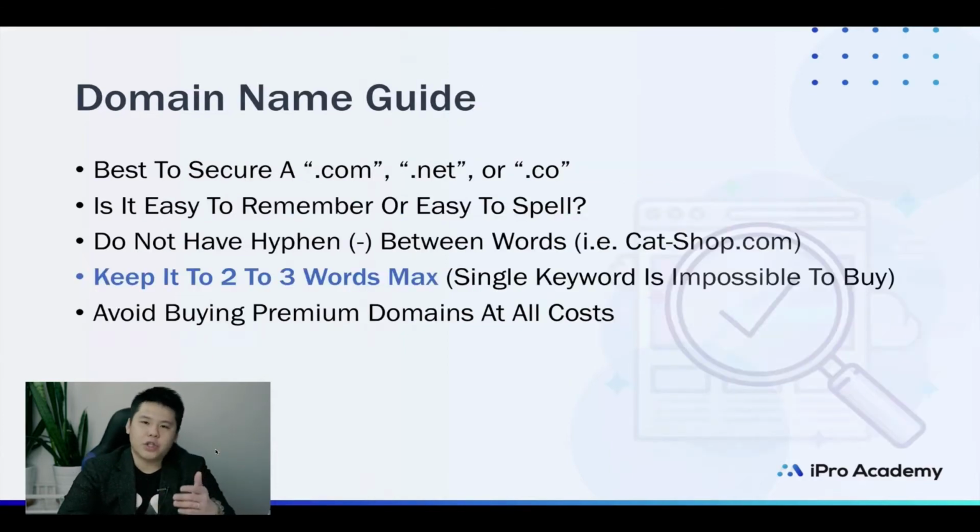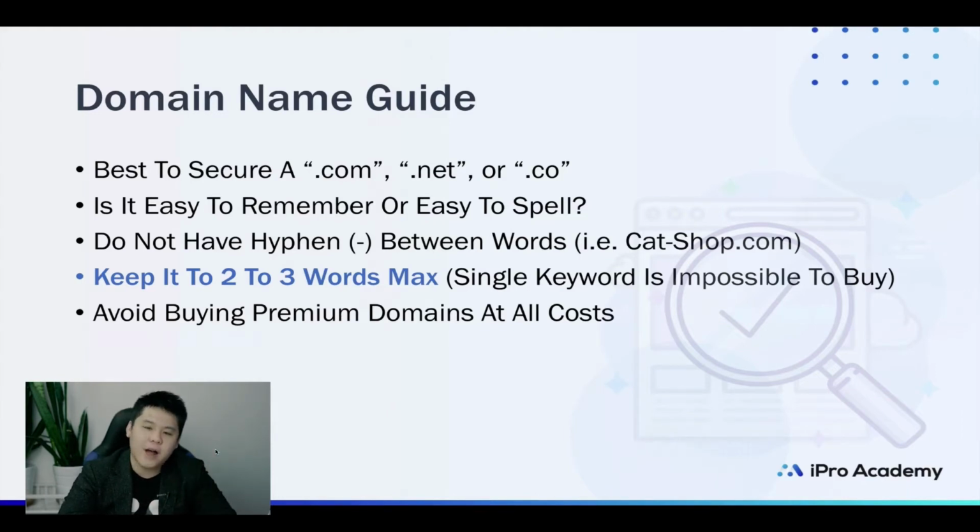Now, when you start looking for domains, there are some guides that you need to follow. Number 1 is you should secure a .com, a .net, or .co. Don't use .xyz or .shop or any other ones out there. Try to keep it to .com, .net, or .co.